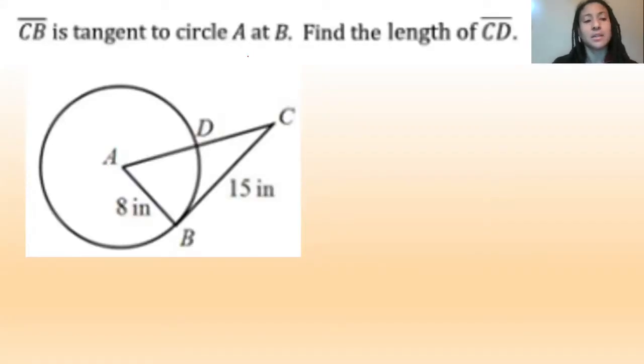It says line CB is tangent to circle A at B, and we want to find the length of CD. So CB, we understand, is tangent because it touches the circle once.